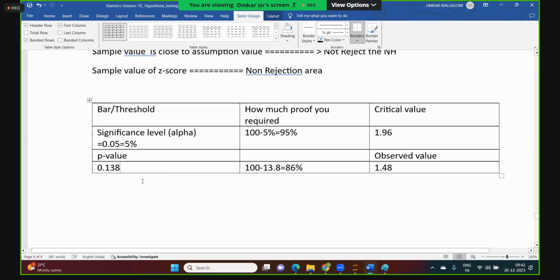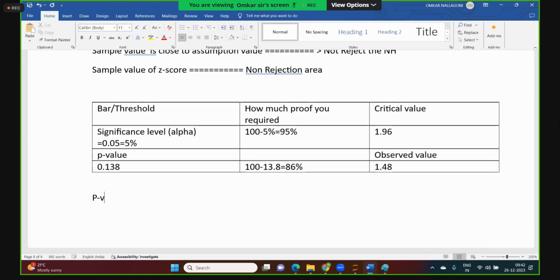So what is the p-value here? The p-value believes, its assumption is that the null hypothesis is true. Null hypothesis true.